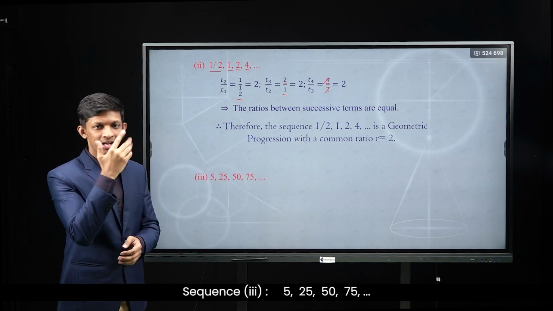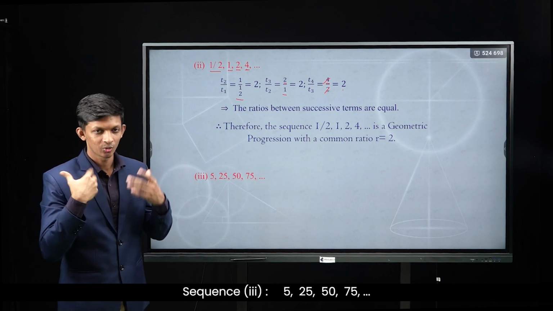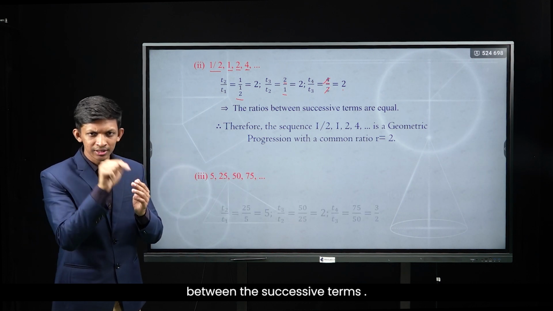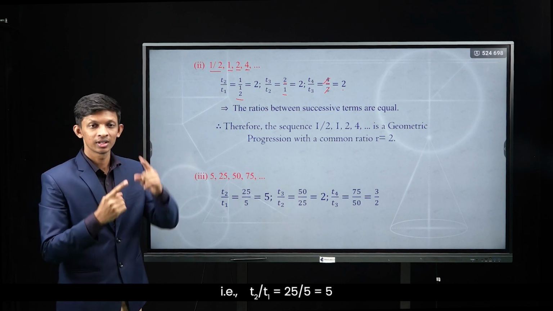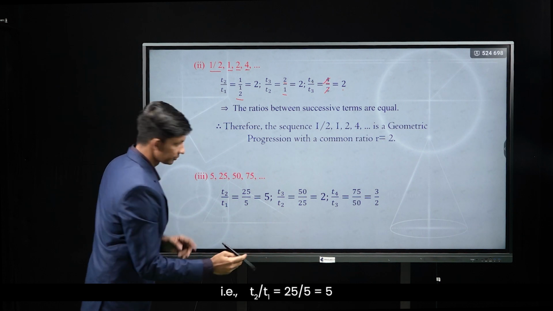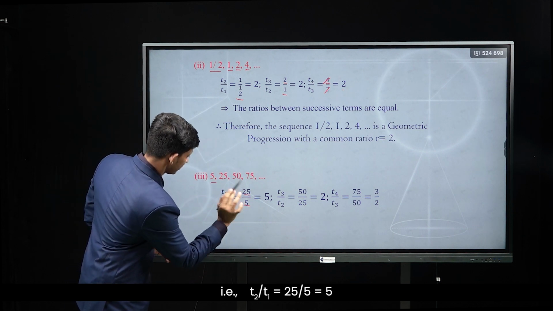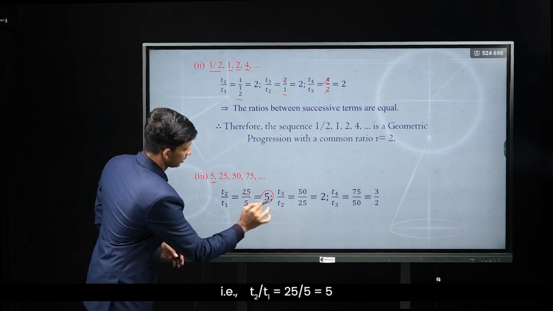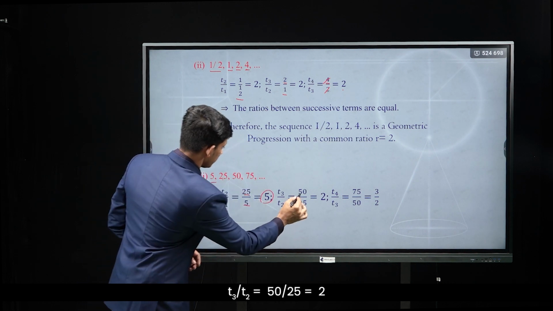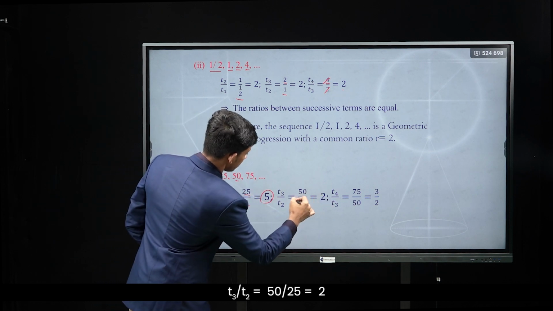Sequence 5, 25, 50, 75, and so on. Now we will find the ratio between successive terms, that is T2 by T1 is equal to 25 by 5, which is equal to 5. T3 by T2 is equal to 50 by 25, which is equal to 2.